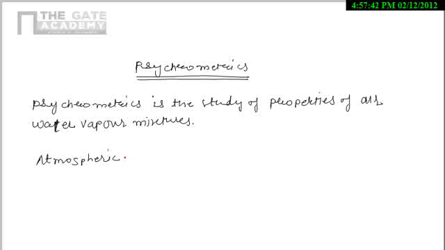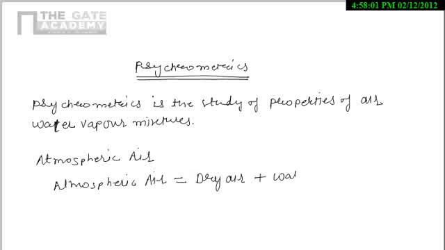Atmospheric air is nothing but a combination of dry air and water vapor. So we can write, atmospheric air is nothing but a combination of dry air and water vapor.